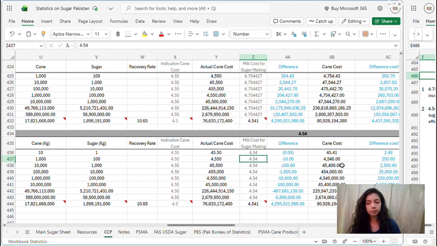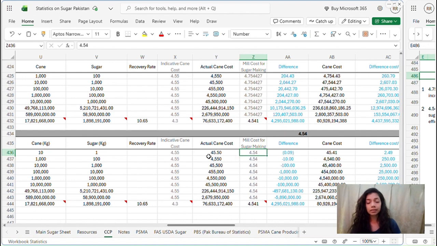What we did, we simply picked the cost that the mill stated that they had, the cost of cane that required them to produce 1 kg of sugar, assuming the canes were 10 in quantity, and they required 10 quantities of cane to produce 1 kg sugar, and that per kg cane cost them around 4.54.